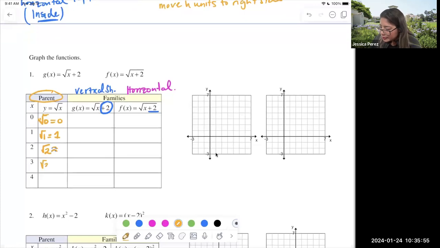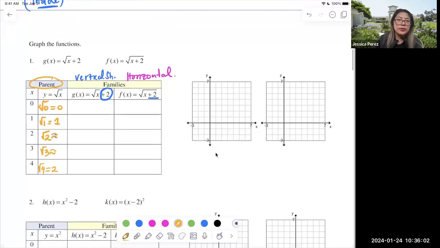The square root of 4 is equal to 2. We know that. The square root of 2 and the square root of 3 are very close to 1.4 and 1.7-ish. So using your calculator, you can determine.